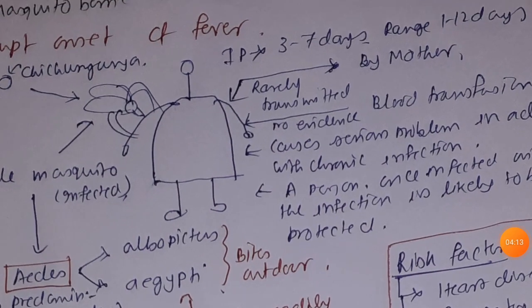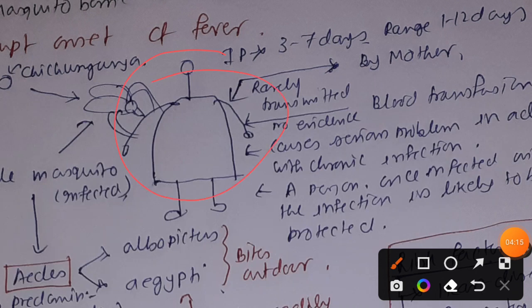Most often it causes serious problems in adults who already have some chronic illness. If a person is once infected with chikungunya, there is a chance that he or she will be protected from further infection by chikungunya.